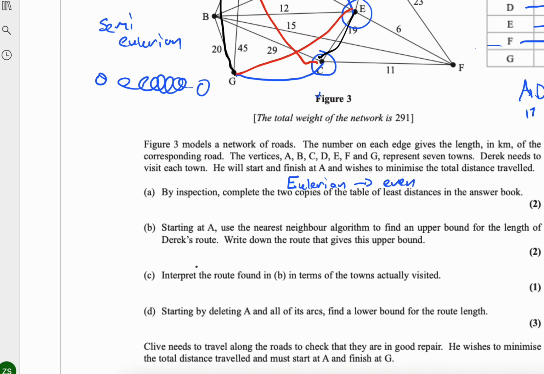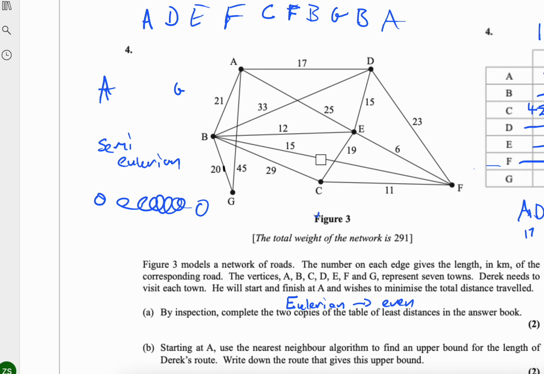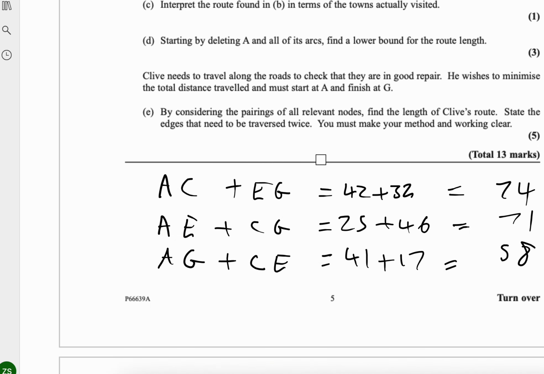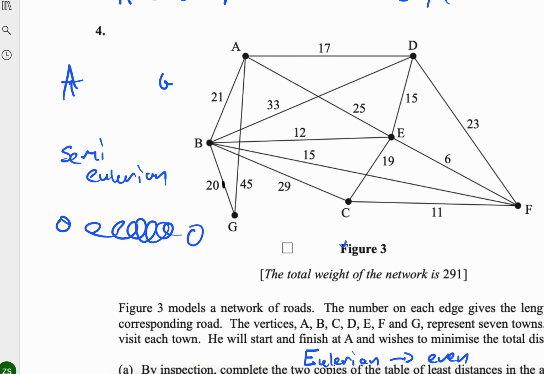But we might not be connecting them directly, remember? What is the shortest path between them? We might be going via another node. So we want AG plus CE. If you want to go from A to G, what's the shortest path? A to B, then B to G. So the arcs we're adding are these. Because we're adding 2 arcs to B, it remains even. And E to C, what's the shortest path? 6 plus 11.